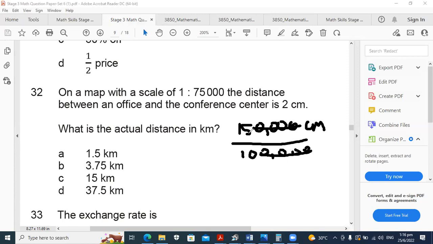Because we're dividing by 10, if you have 15 up here, the point will move one place to the left, which is 1.5 kilometer. Any questions? No, sir.